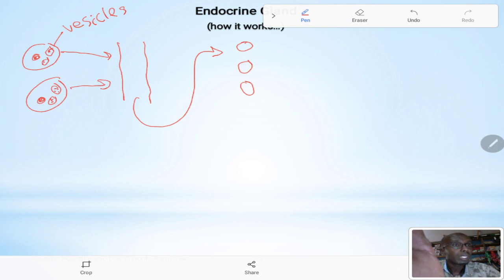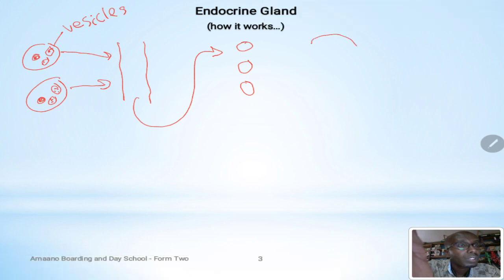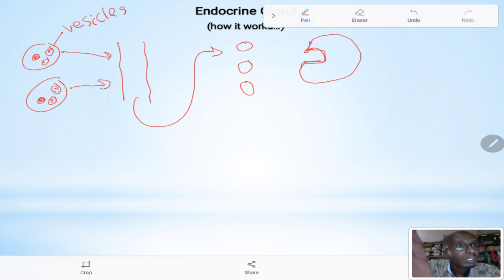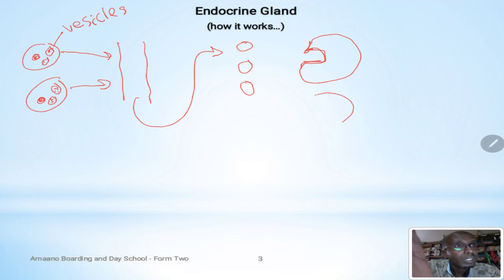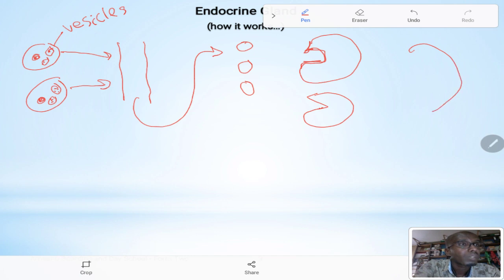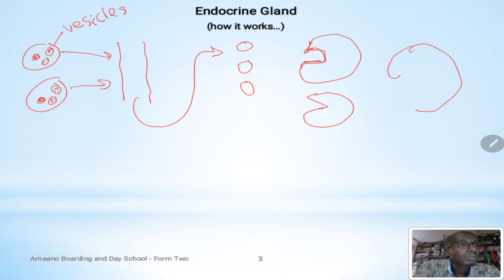In the body, here we have the body cells. For example, this cell has an active site which is rectangular. We may have another cell which has a rectangular active site, and another cell which has a circular active site.